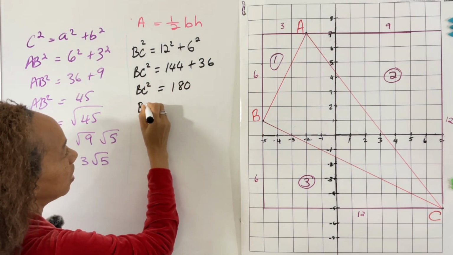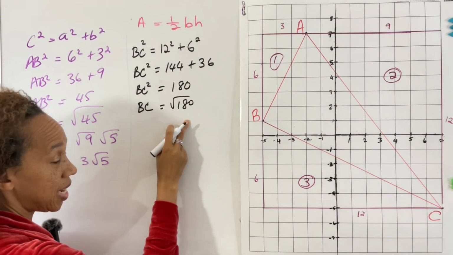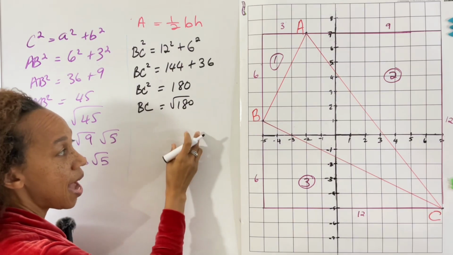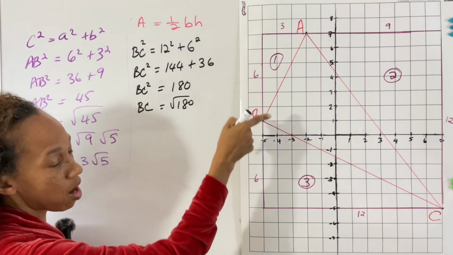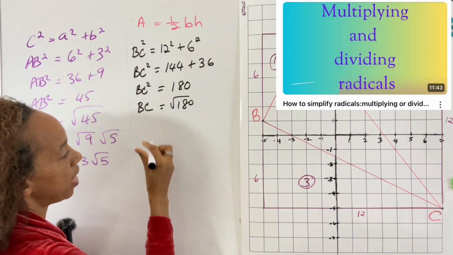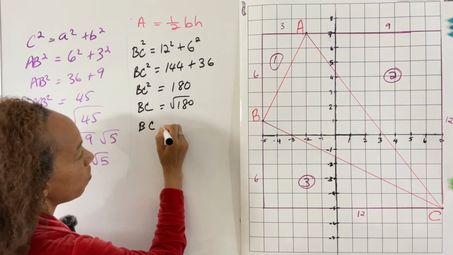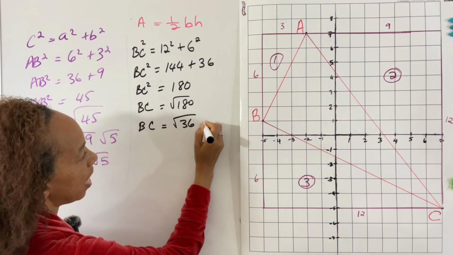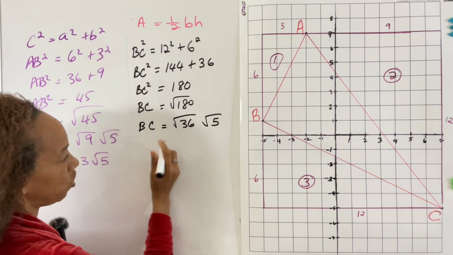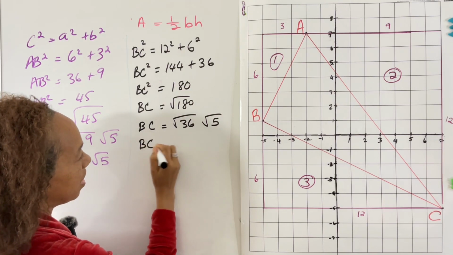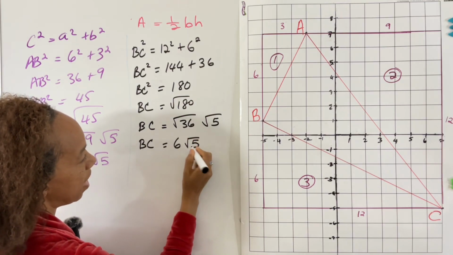And to find BC, we're going to find the square root of 180. Now the square root of 180 is irrational and it can be broken down. If you need help doing that, you can go back and watch my video right here, and that will help you to break down irrational numbers. So now we will have the square root of 36 and the square root of 5, because 36 times 5 is 180. Now you can further break it down and say the square root of 36 is 6, and then you have your radical 5.